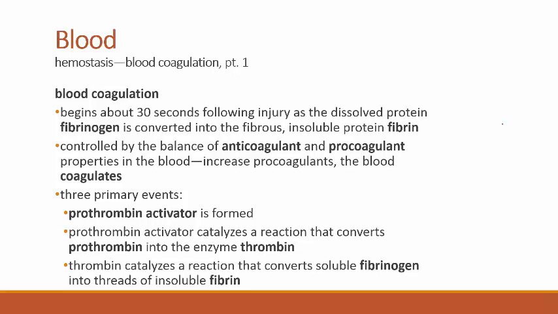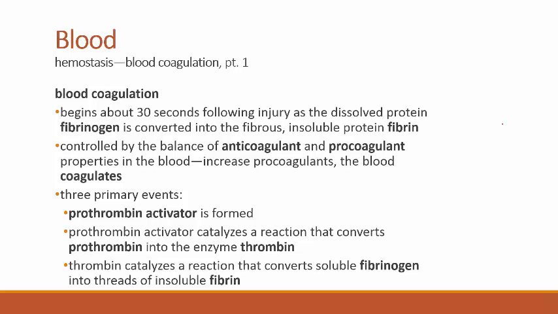Beginning about 30 seconds after the injury, there are processes that convert the dissolved protein fibrinogen into an insoluble fibrous form of protein called fibrin. So fibrinogen is the dissolved protein, but after a series of processes that we're going to discuss in a second, it can be converted into an insoluble fibrous tangled mass called fibrin.